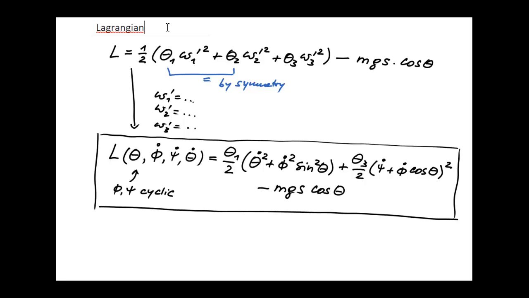And what you can do is insert for phi dot the formula that we had found, formula number 4. And psi dot, in fact psi dot plus phi dot cosine theta, you can replace by the generalized momentum p psi up to an eigenvalue of the moment of inertia. So you can eliminate phi dot and psi dot from the right-hand side and instead write it as a function of the associated momenta.